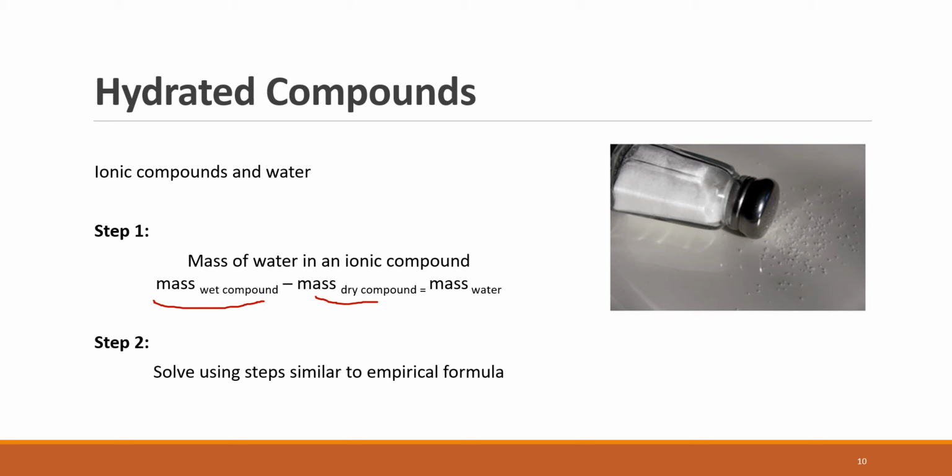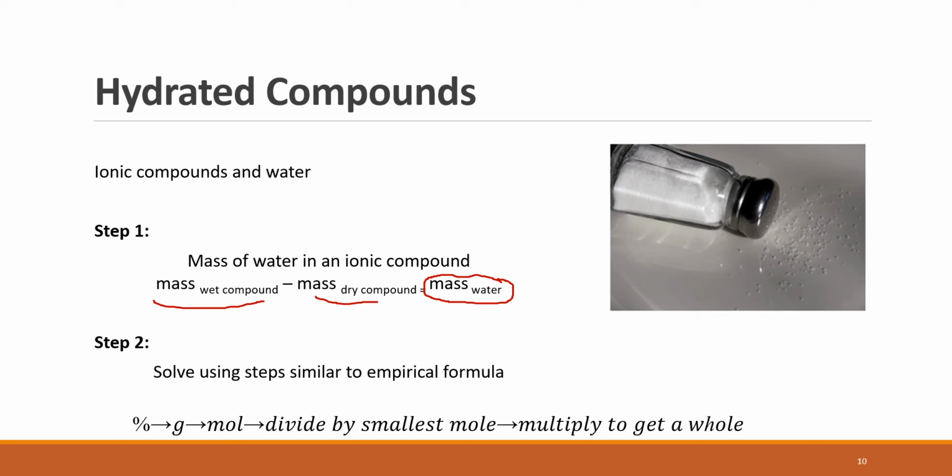So you'll need to subtract those 2 to figure out the mass of the water by itself. Because that's the only thing missing between a wet compound and a dry compound is the water. So when you subtract those 2, you'll get the mass of the water. Then step 2, you're going to solve using similar steps to the empirical formula.